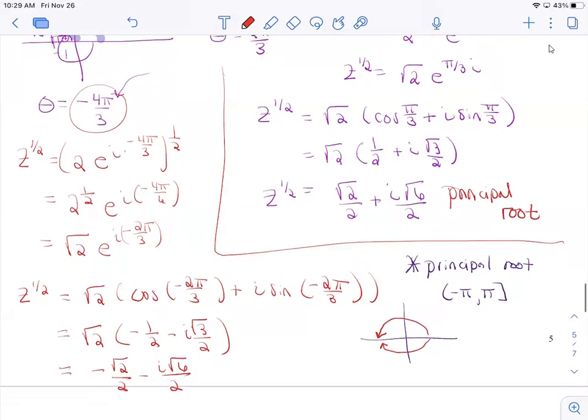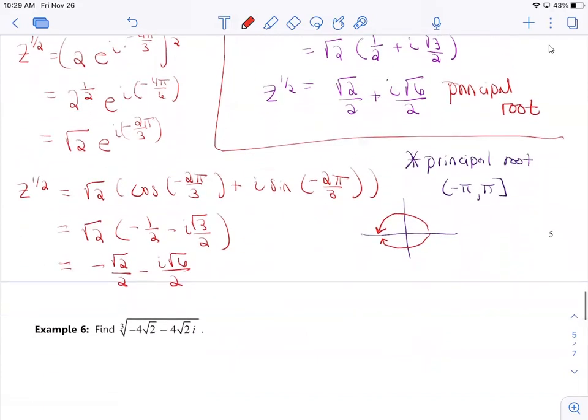As for example 6, I'm going to have you all try it on your own. So once again, what this is saying is, it's the same thing as saying if you raise this. So if I take this complex number, and here I'm writing the i after, just so you get comfortable with it either way.